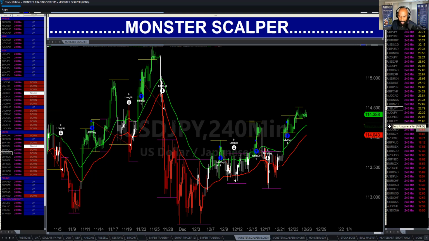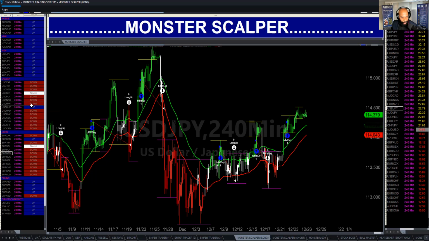Because what happens is this, guys, you see these dollar pairs here, see how these dollar pairs are going down to the downside. With dollar yen being part of this, it's a yen pair, but it's the dollar yen. So it kind of gets stuck sometimes between the yen pairs and the dollar pairs.